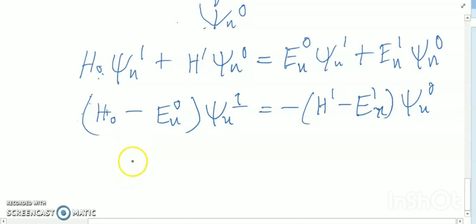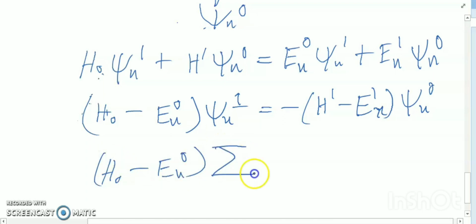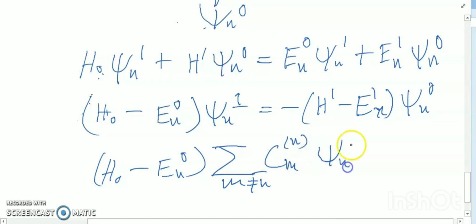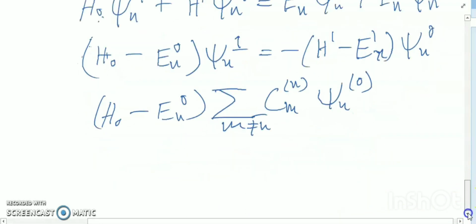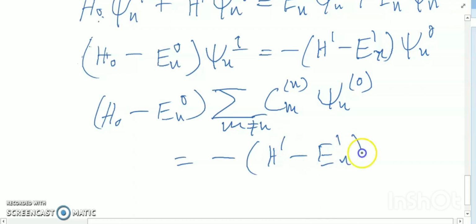So H0 minus E n0, acting on the summation over m not equal to n of c_mn psi m0, equals minus H prime minus E n1 psi n0.